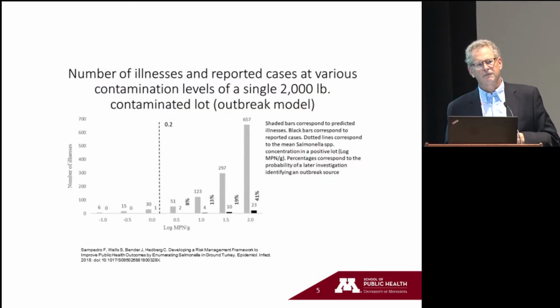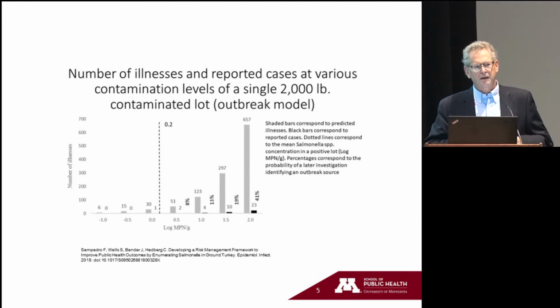This is some data from a risk assessment that my colleague Fernando Sampedro and I worked on looking at ground turkey and salmonella. And we can see that as the level of positivity as measured by enumeration goes up, the risk of illness goes up, the risk of detecting an outbreak goes up.